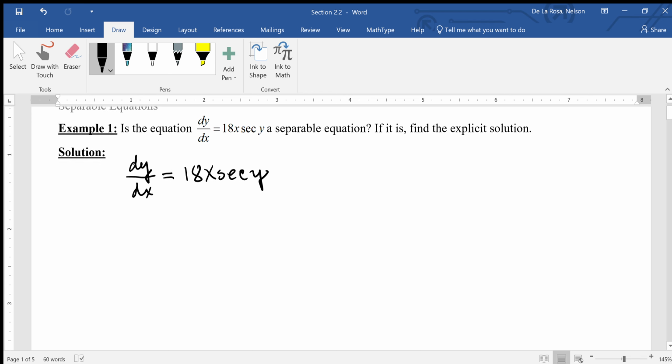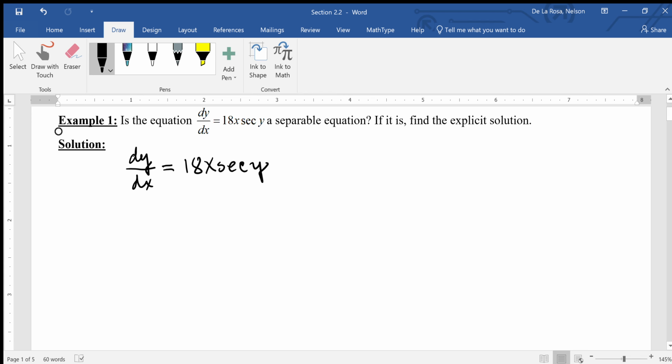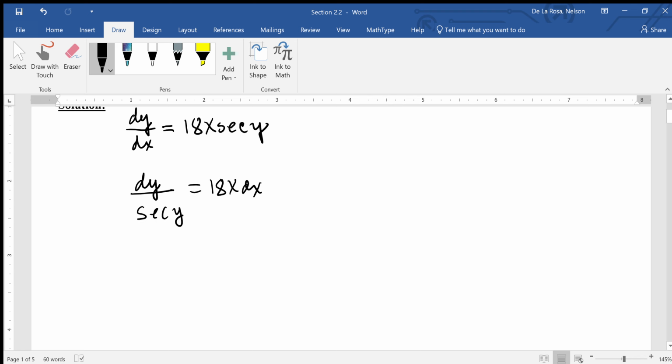So we can rewrite this equation as dy divided by secant of y equals 18x dx. Then we know that 1 over secant is the same as cosine of y, so cosine of y dy equals 18x dx.